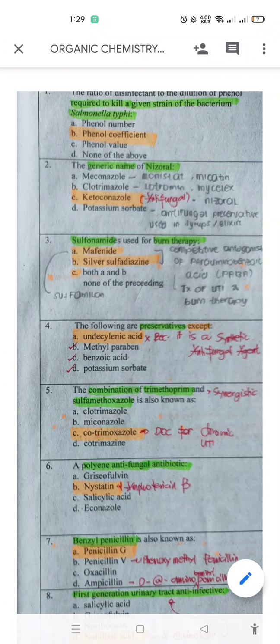It is defined as the ratio of a disinfectant to the dilution of phenol required to kill a given strain of Salmonella typhi. So, a disinfectant over dilution of phenol. That is your phenol coefficient.